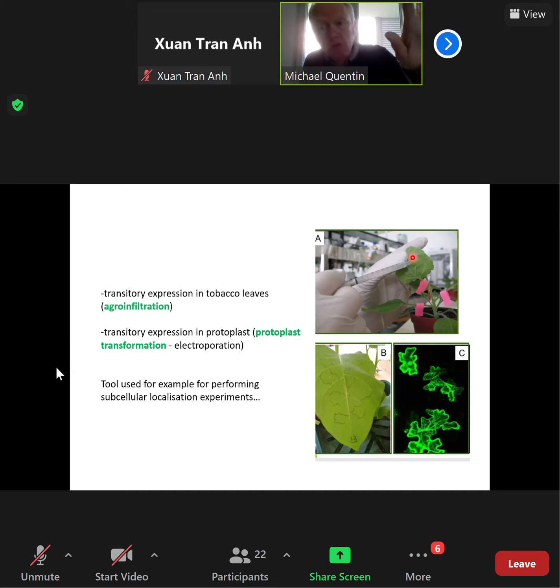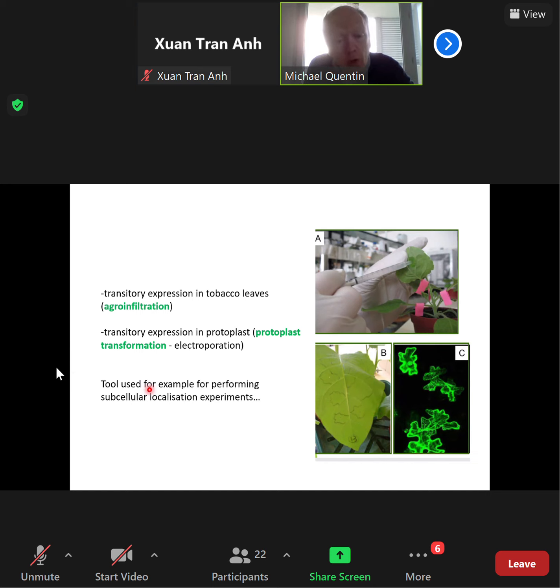And from those infiltrated cells, you will not regenerate a whole plant. The idea is only to transiently express, here in the epidermal cells of a tobacco leaf, a plant gene or a chimeric construct, allowing, for example, to localize a plant protein in those tobacco cells.